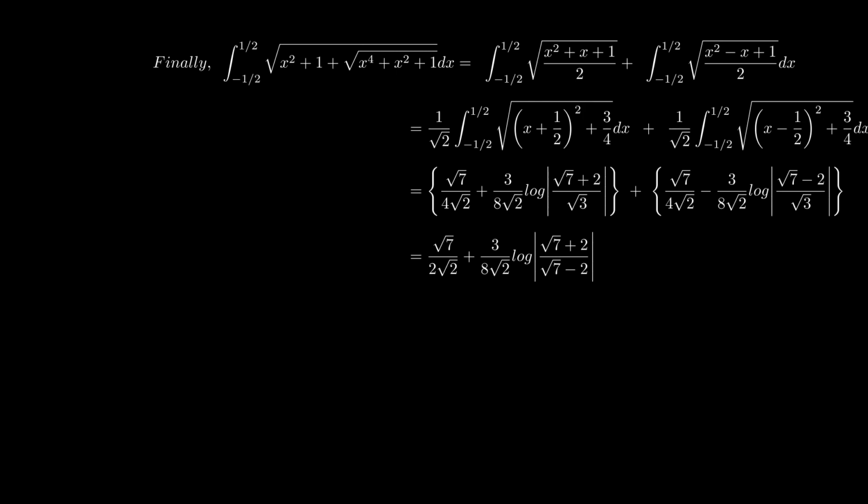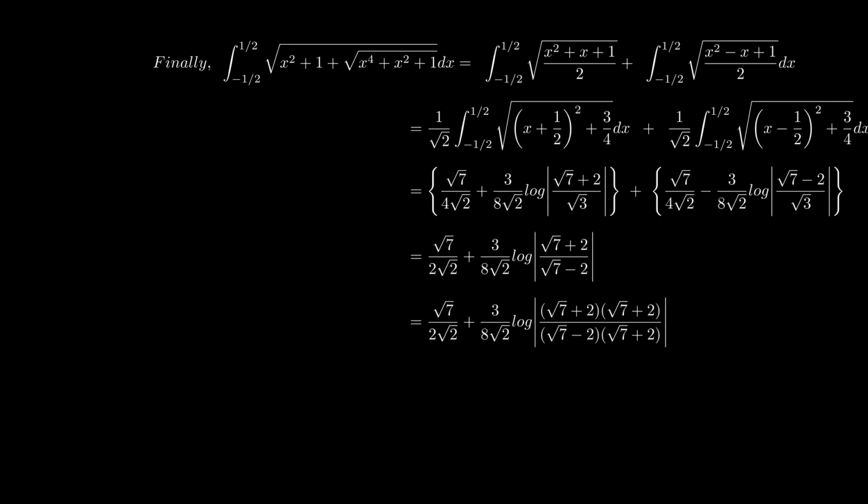So the first constants add up into root 7 over 2 root 2. And then by using the law of logarithm, when we subtract, we're dividing under the log sign.